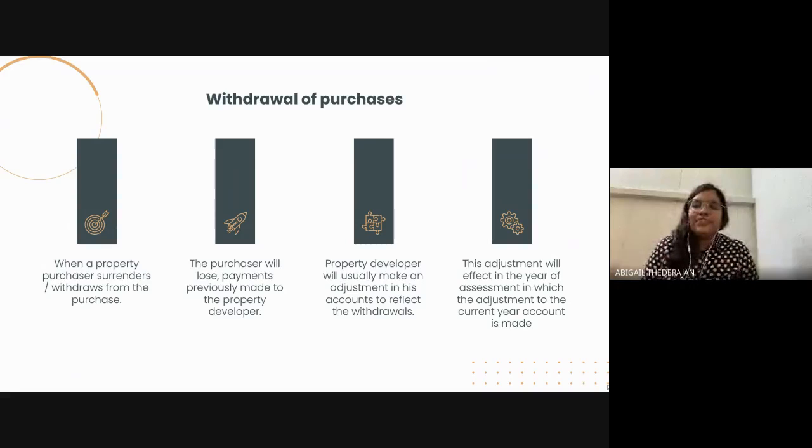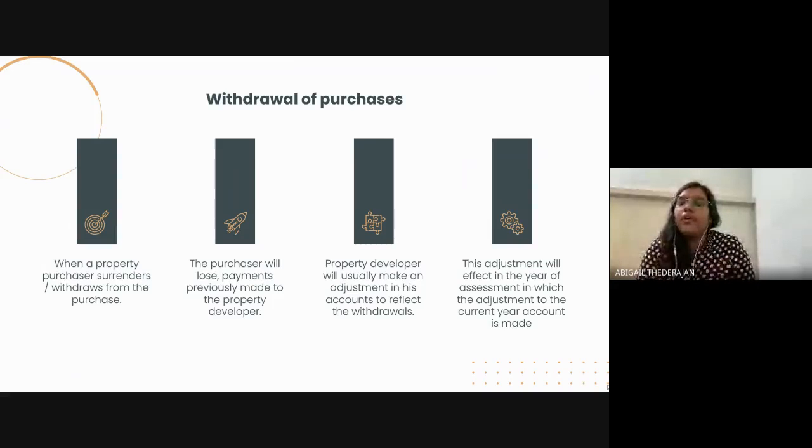Let me give you in simple words. Let's say I'm going to buy a house, but then there comes a point where I decide not to. I have paid my down payment or a few installments while the construction is going on, but halfway through, I decided not to continue with my payment. So I withdraw myself from the purchase.